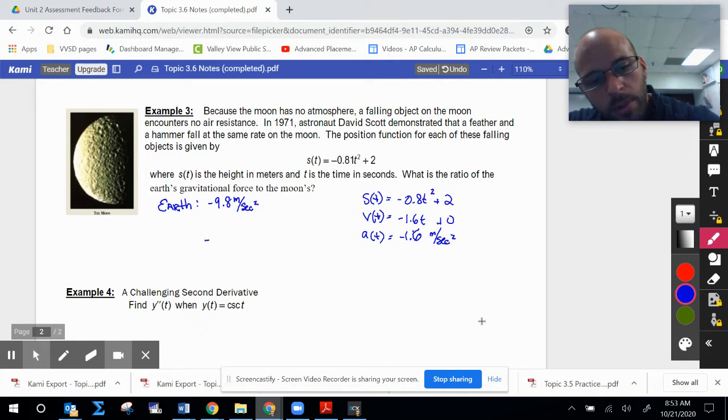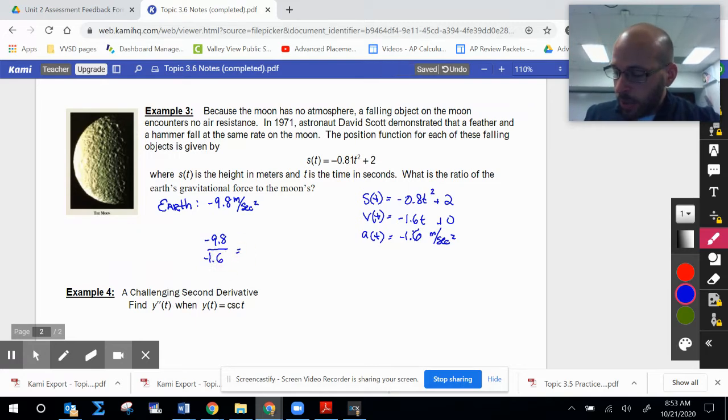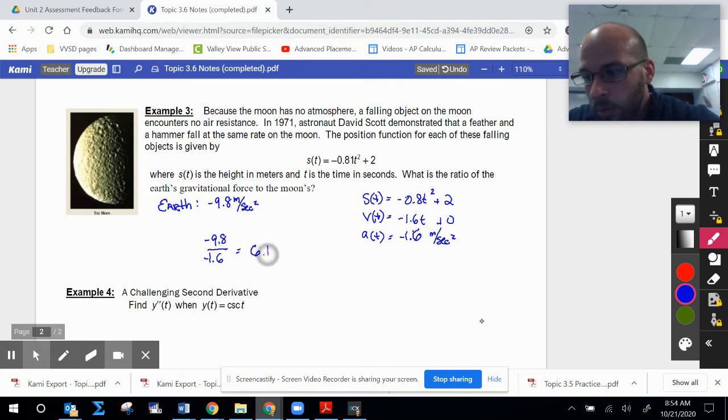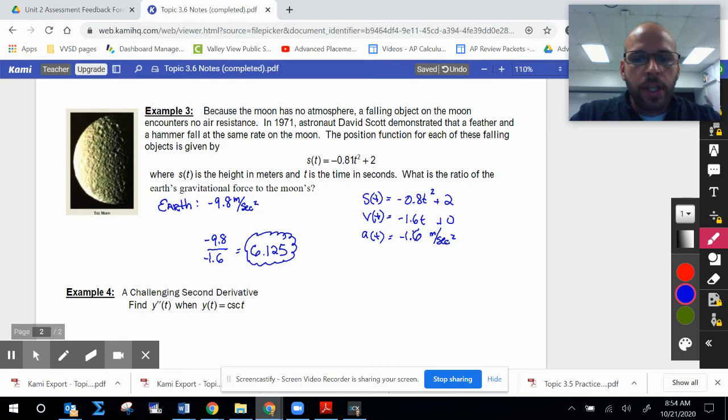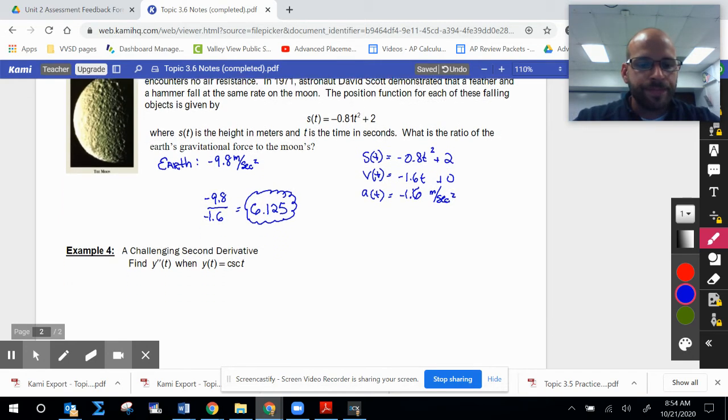So the ratio would be a negative 9.8 over a negative 1.6. And if I do that calculation, negative 9.8 divided by 1.6, I get 6.125. Okay, so this is the ratio of the Earth's gravitational pull to the moon's.